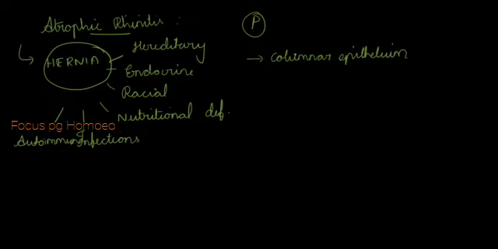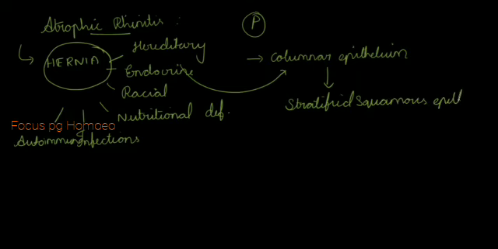But because of this etiology, this columnar epithelium gets converted into stratified squamous epithelium. Okay. So what happens in case of stratified squamous epithelium? There will be no glands for secretion because all the glands are associated with columnar epithelium. So here there will be no glands.